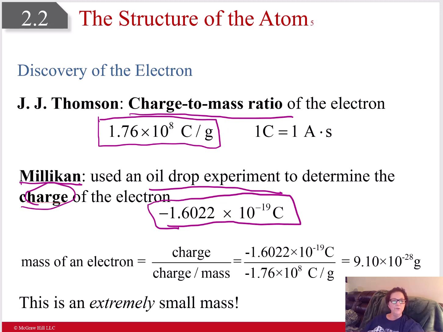When you put that in there, you can cancel out, like we saw earlier, and figure out what the mass of the electron is. By using those two numbers from those two experiments, we came up with 9.10 times 10 to the minus 28 grams. That's really, really small, okay? That's why we're going to see later that we don't even use electrons when we're calculating the mass of an atom or an element.